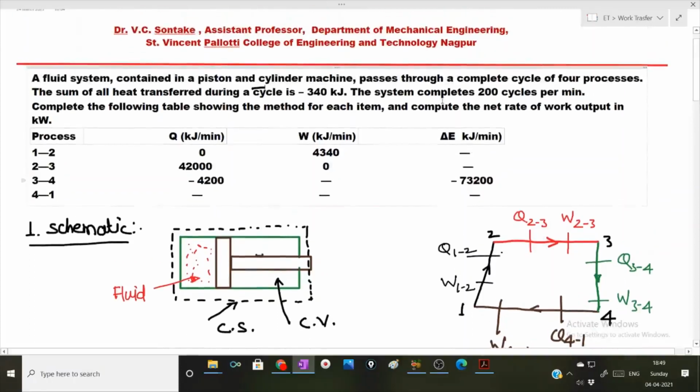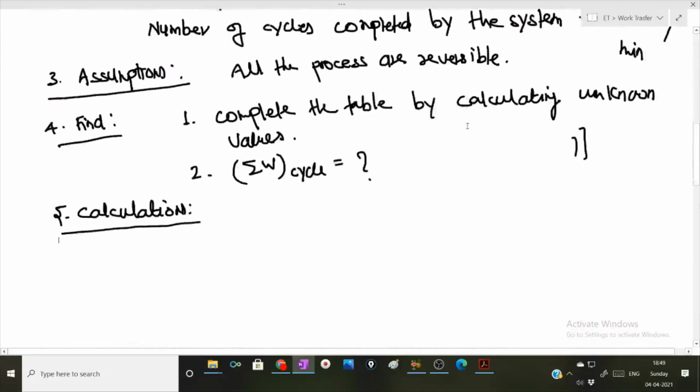So to calculate the change in total energy, we can recall the first law of thermodynamics for a closed system undergoing a process, as well as the first law for a closed system undergoing a cycle. So let us do this exercise.